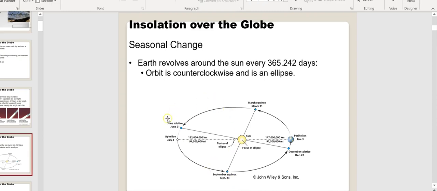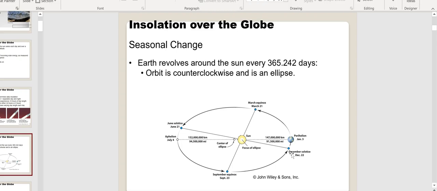So here's the sun, and here is the orbit, which we call an ellipse. And oddly enough, the December solstice, which is December 22nd, is actually when we are nearest to the sun. Now, in the northern hemisphere, we call this our winter.